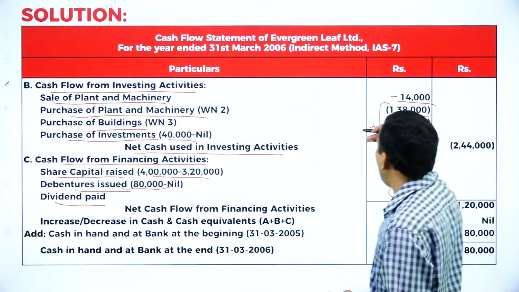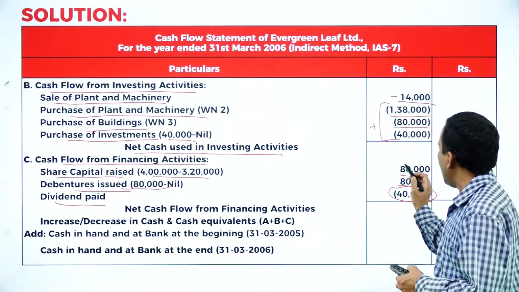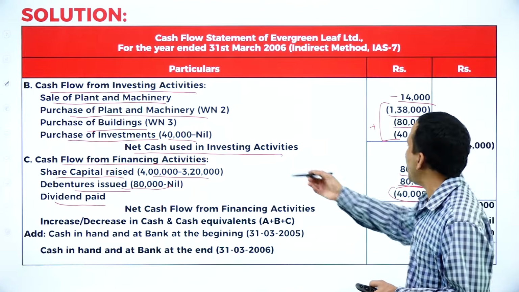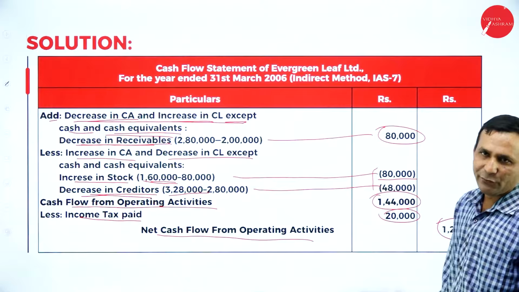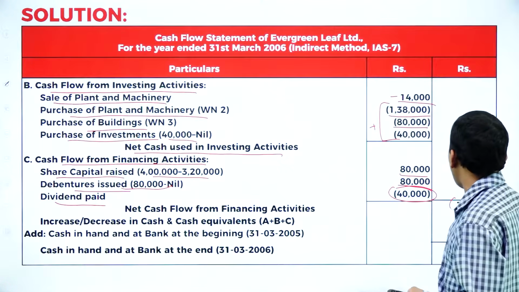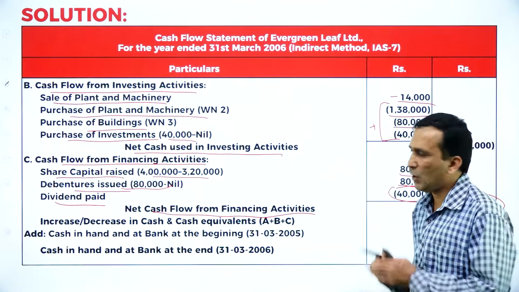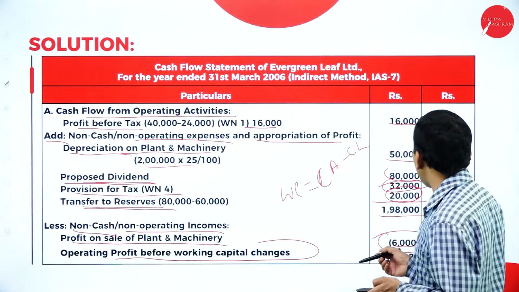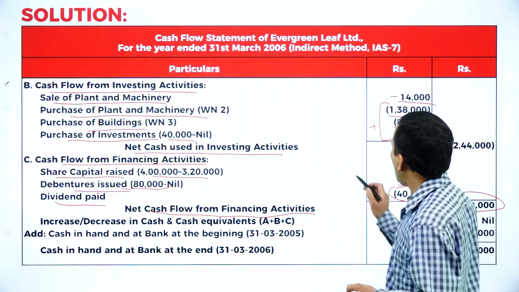Okay, so once we have listed inflow and outflow, we need to adjust. So now it is 1,60,000 minus 40,000, 1,20,000. Okay, and the investment activity 2,44,000, and the operating activity 1,24,000. Okay, so after getting this, what we call 1,20,000 is nothing but the cash flow from the financial activity. Okay, so now we need to check: under operating activity we got 1,24,000 positive sign.